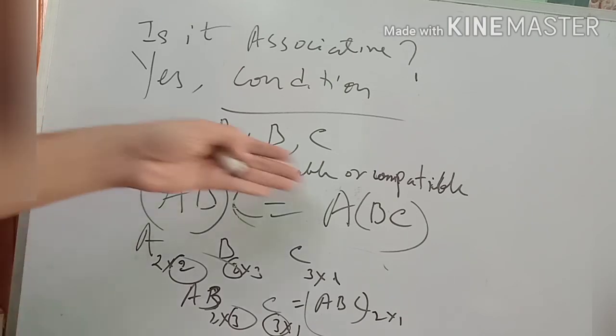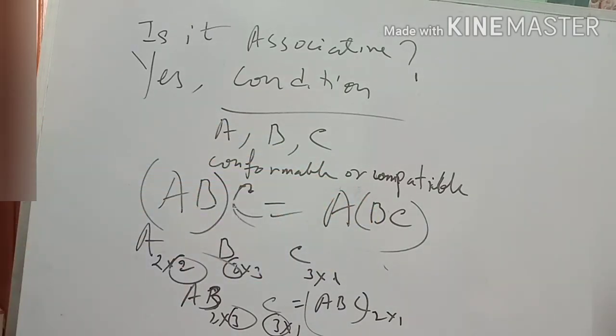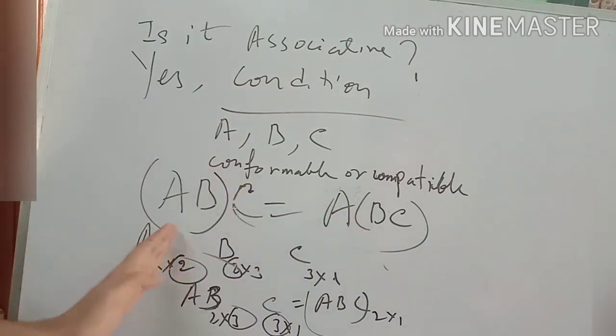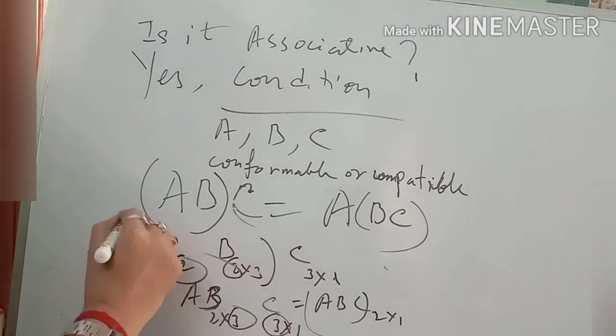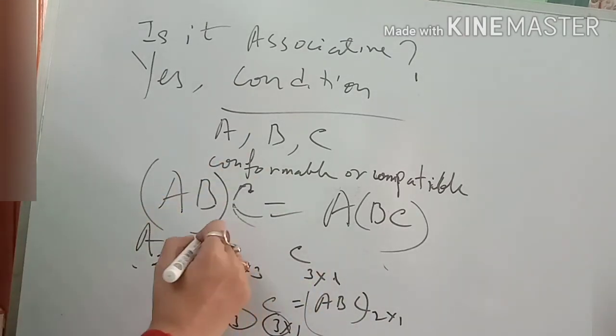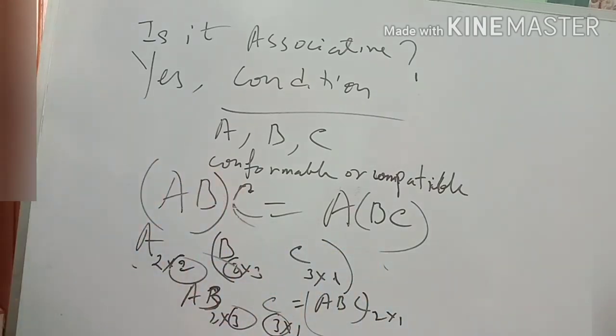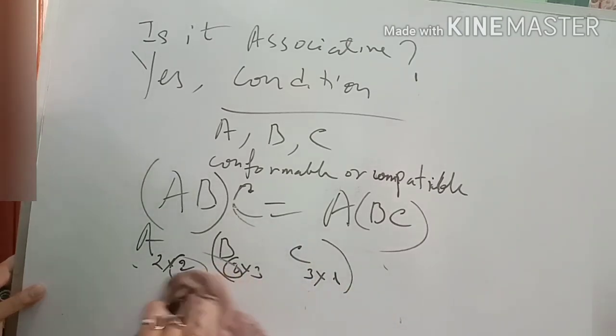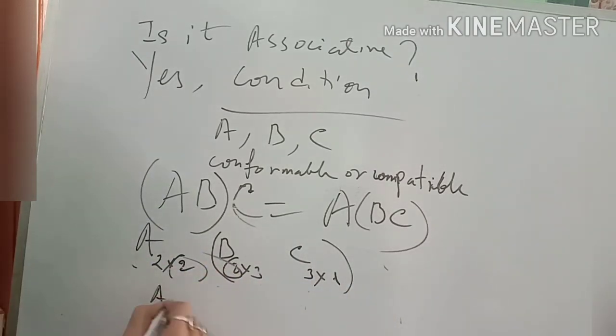Clear? Now the same thing can happen from the other side also. Let's put the bracket here, we're getting this, and if I put the bracket here, then also it's becoming the same. How? Okay, let me rub this portion and help you in understanding it. So the answer here we are getting is 3 cross 1.